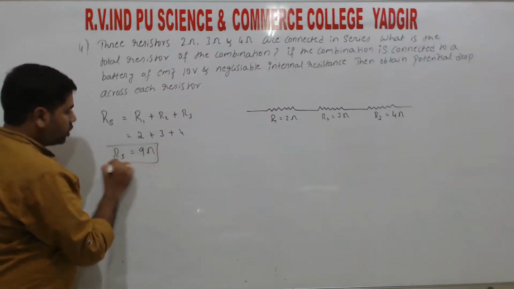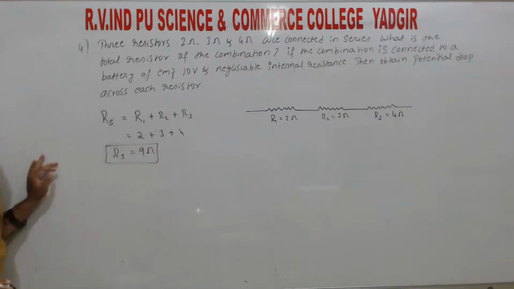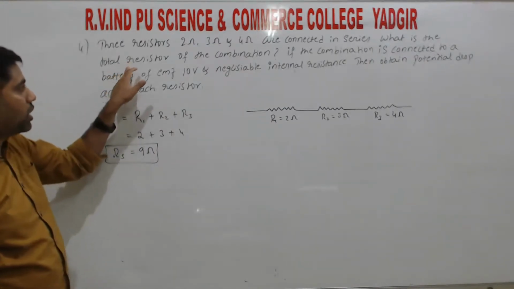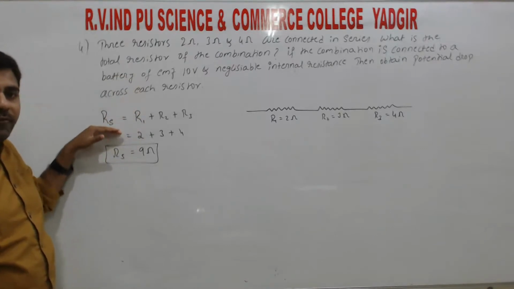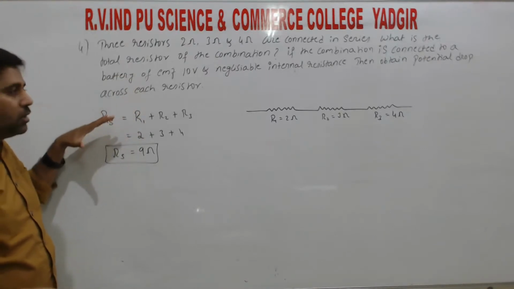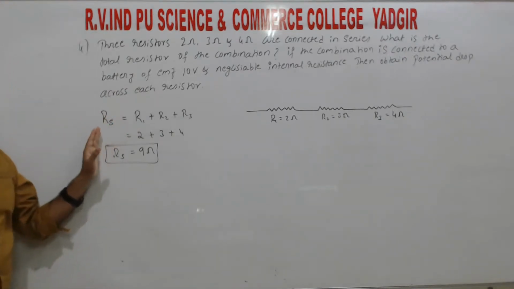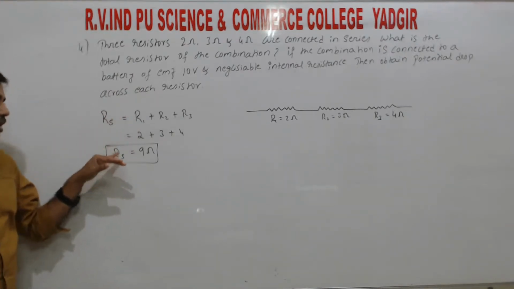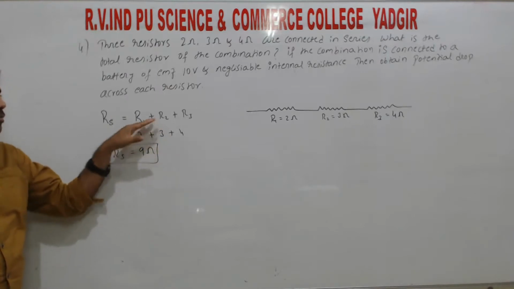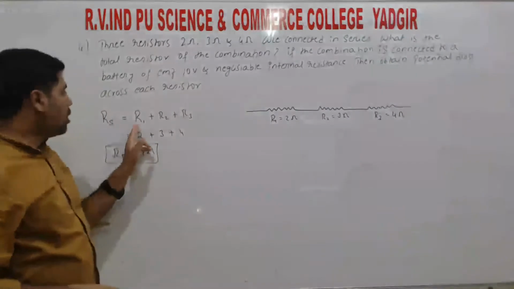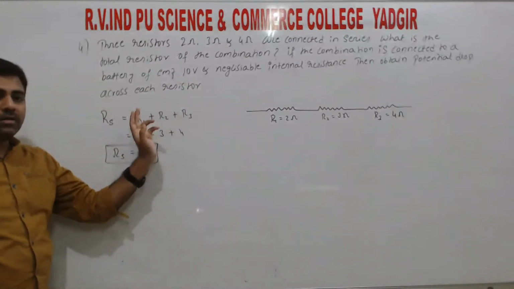This is the total resistance, effective resistance, or equivalent resistance. All three terms are the same. From the formula, since all three resistances are connected in series, we have R1 plus R2 plus R3.